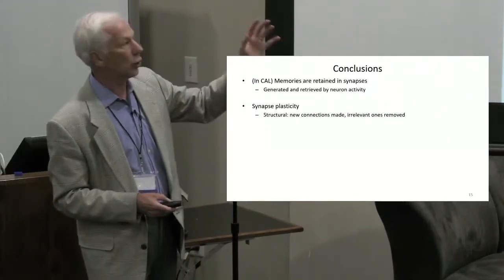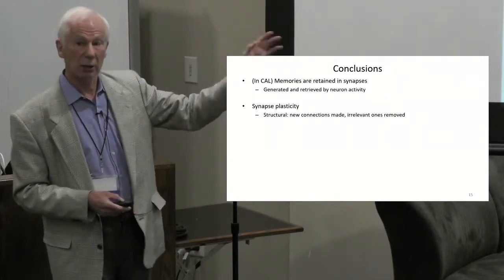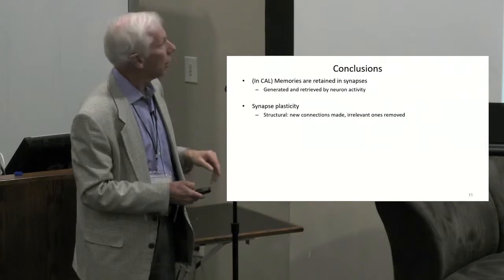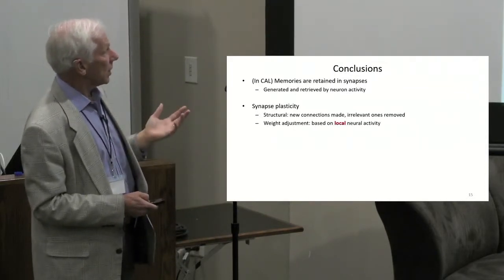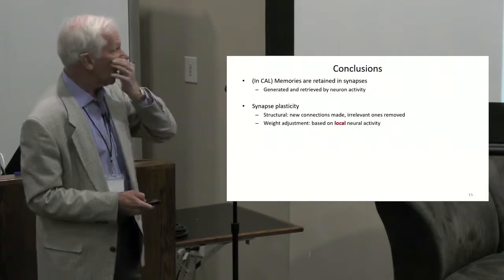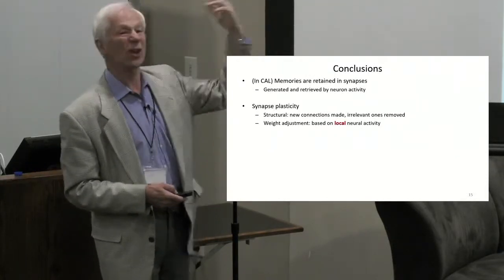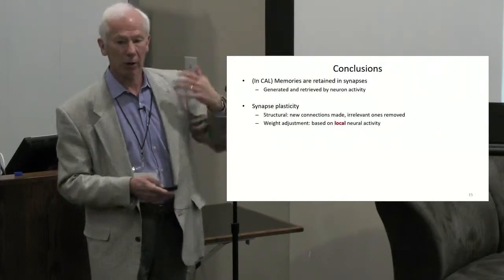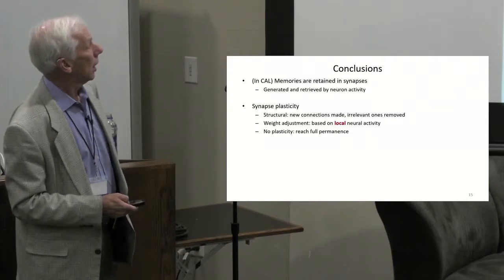That is, the topology of the network changes as new connections are made and perhaps irrelevant ones are removed. There's weight plasticity, where the weight is adjusted, again, based on local neural activity. So that is the correction mechanism, if you like, the error correction mechanism in a Hebbian network.